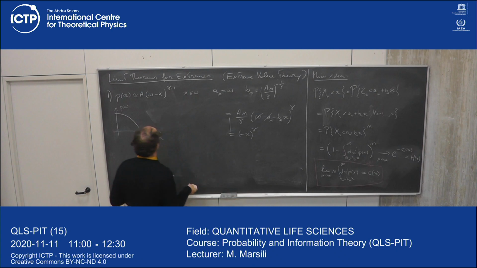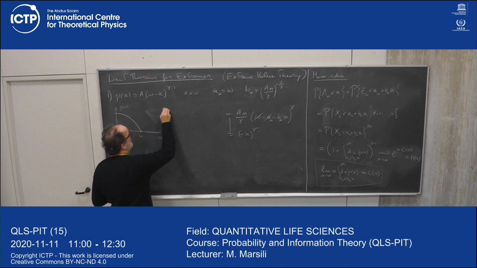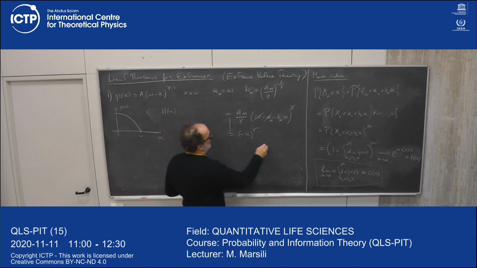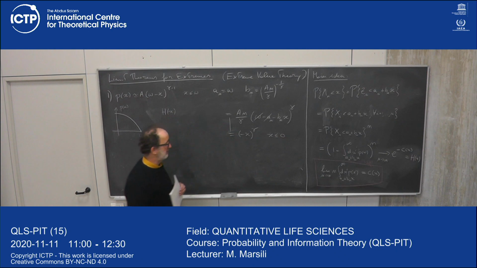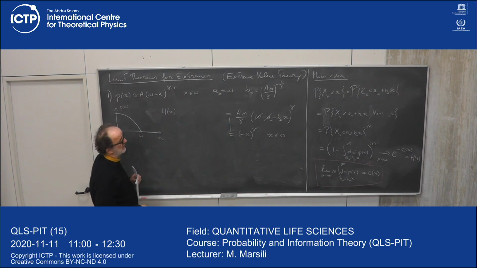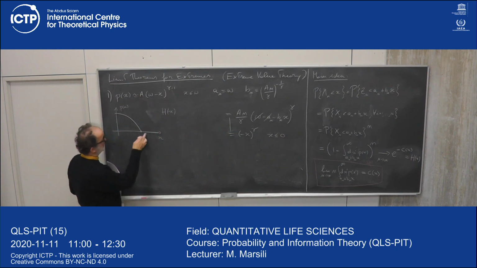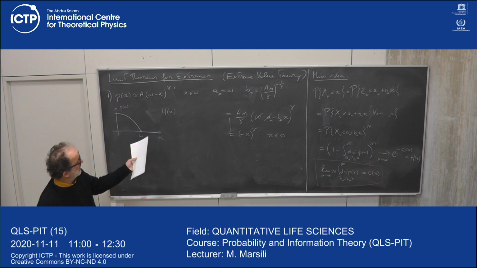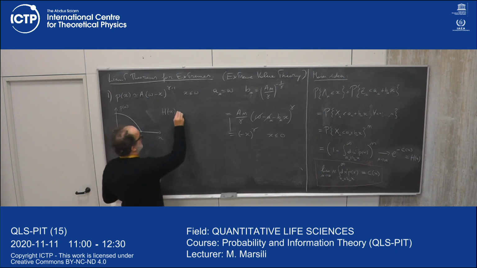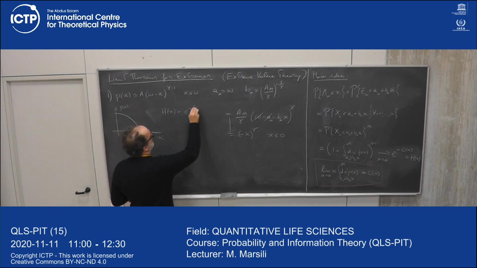So if this is the function c of x, then the function h of x, and this is clearly only for x which is negative. Okay, because x positive would correspond to this other side. So h of x is equal to e to the minus minus x to the gamma.